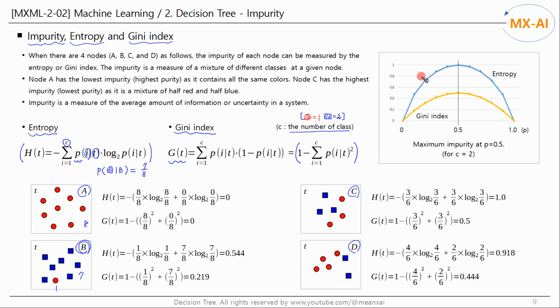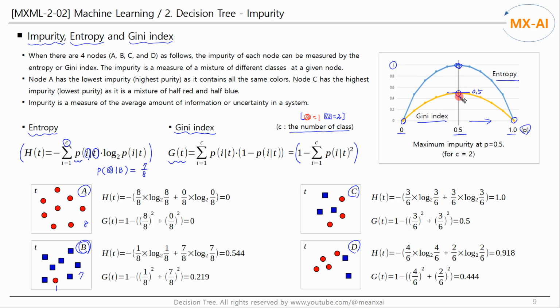And the formula for calculating the Gini index is as follows. This figure shows how the entropy and Gini index change as the probability P moves from 0 to 1. Entropy and Gini index are minimum when the probability is 0 and 1, and maximum when the probability is 0.5. The maximum value of entropy is 1, and for Gini index it is 0.5.